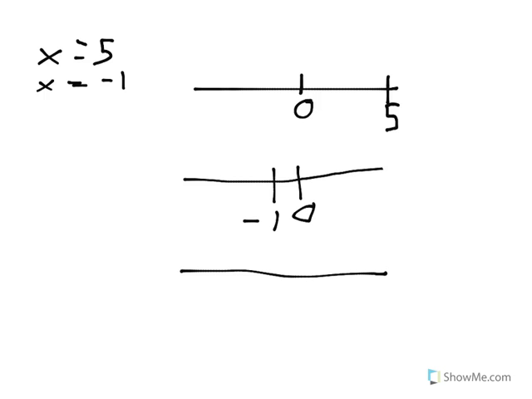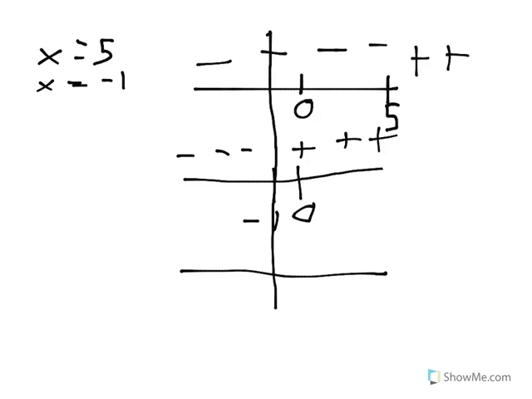Everything to the left of 5 is going to be negative on the graph of the original, and the same thing with negative 1. That's all negative, and positive to the right.